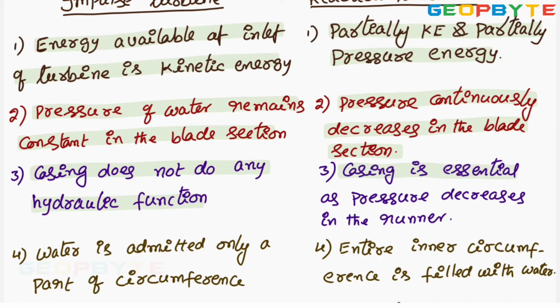Therefore, the pressure of the water at the exit of the reaction turbine is well below atmospheric pressure. To maintain this, the reaction turbine must be enclosed in a casing. Without a casing, it is impossible to maintain the pressure at the outlet below atmospheric pressure.